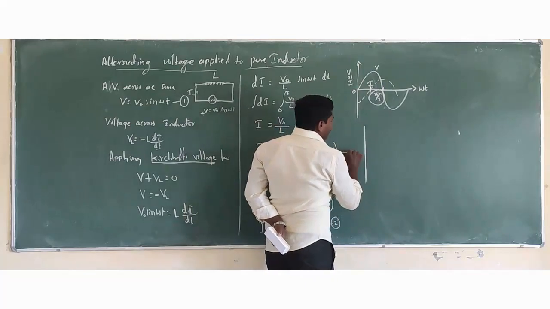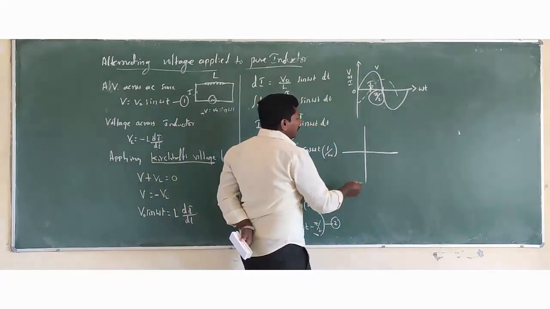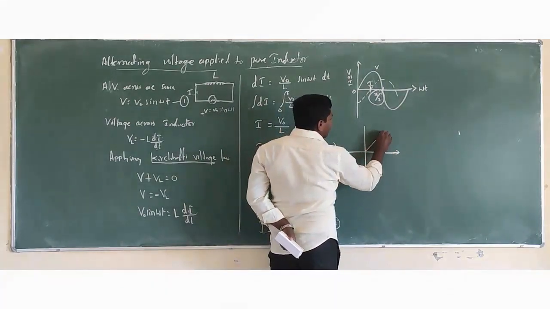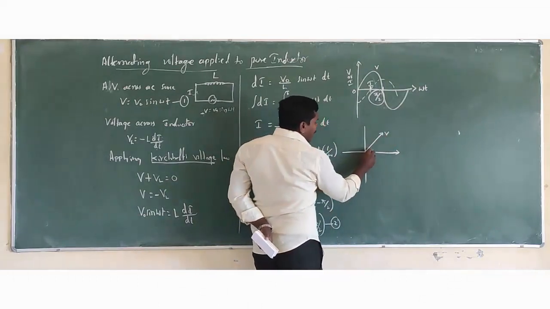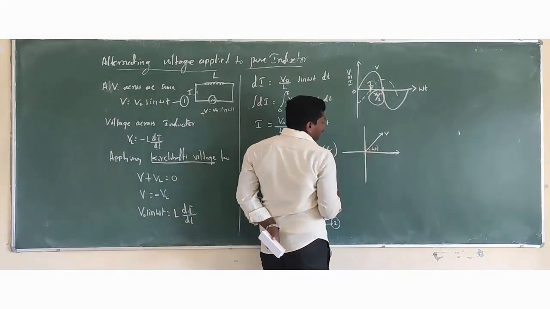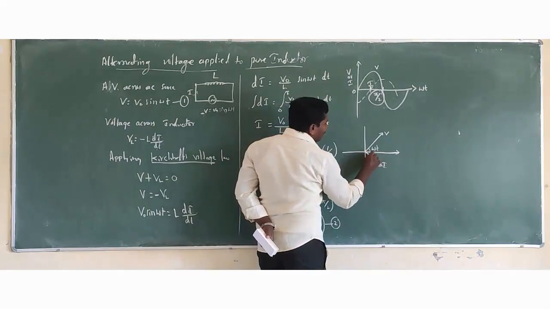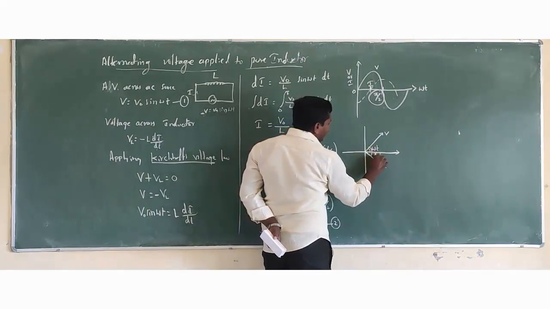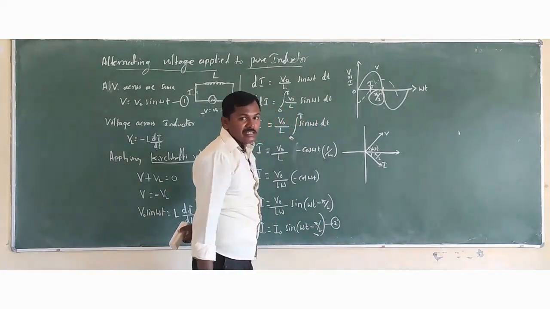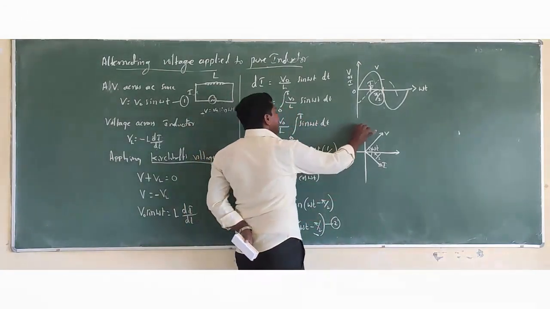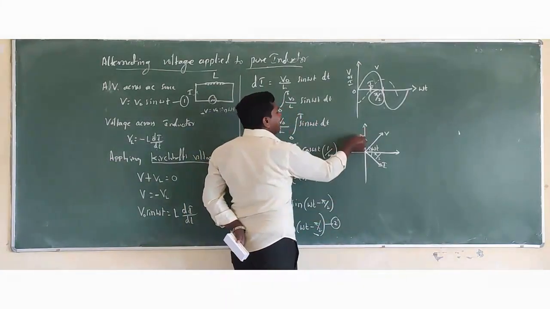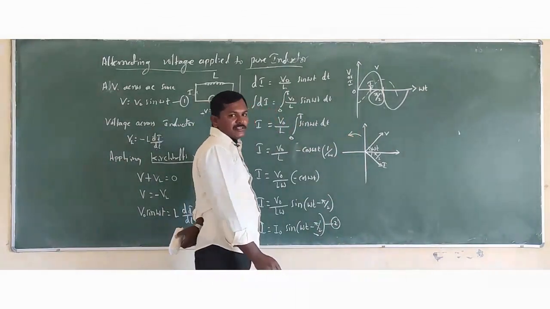Therefore, we observe the phasor diagram. This represents the voltage peak value at an angle omega t, and here is the current value at an angle pi by 2. Already we discussed that a phasor is nothing but a vector rotating in the anti-clockwise direction.